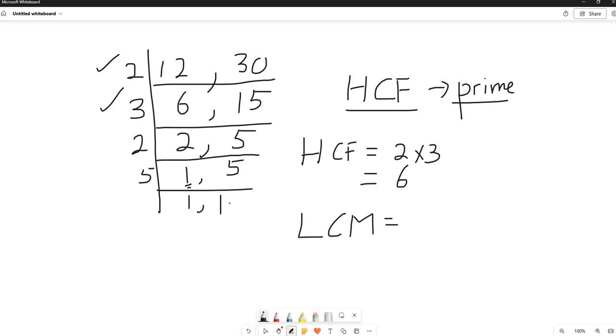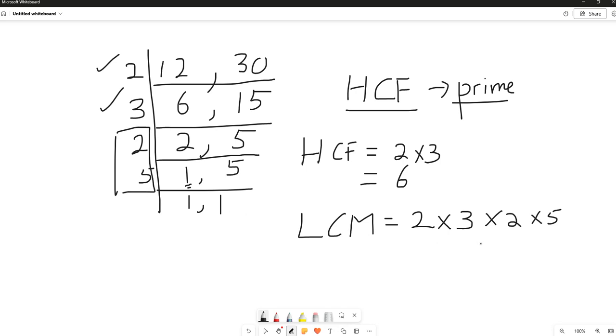Now you will notice that the LCM is a further extension of our HCF. We will continue to find the factors of the individual numbers. So go ahead and do that. Now you will notice that the LCM is actually 2 times 3, which is part of your HCF, times 2 times 5, and that will be the one that you see over here.